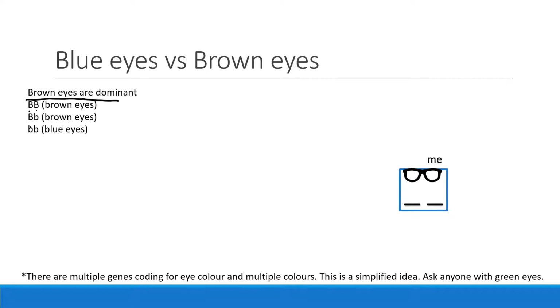The only way to get blue eyes is if you have a recessive b and a recessive b. Myself, if you actually look at my eyes, which would be a bit creepy, I suppose, but if you ever see a picture of me, you'll find that I have two blue eyes. So that means I must have two recessive genes.